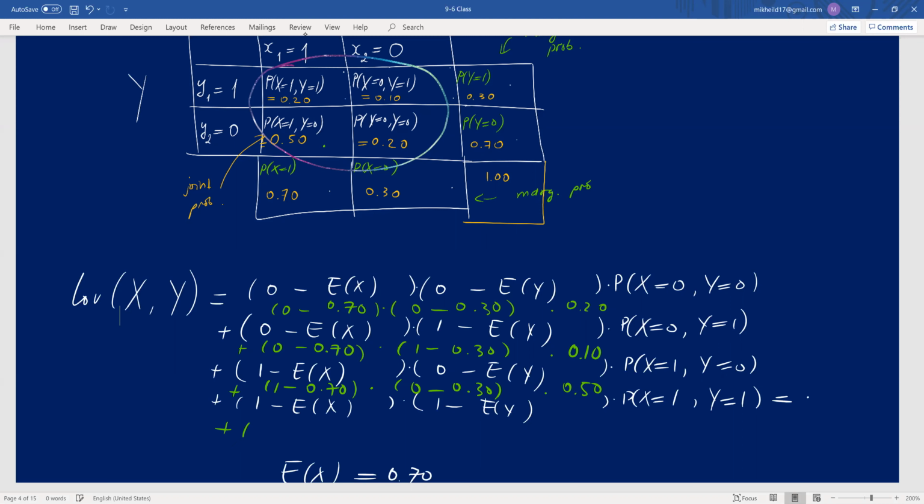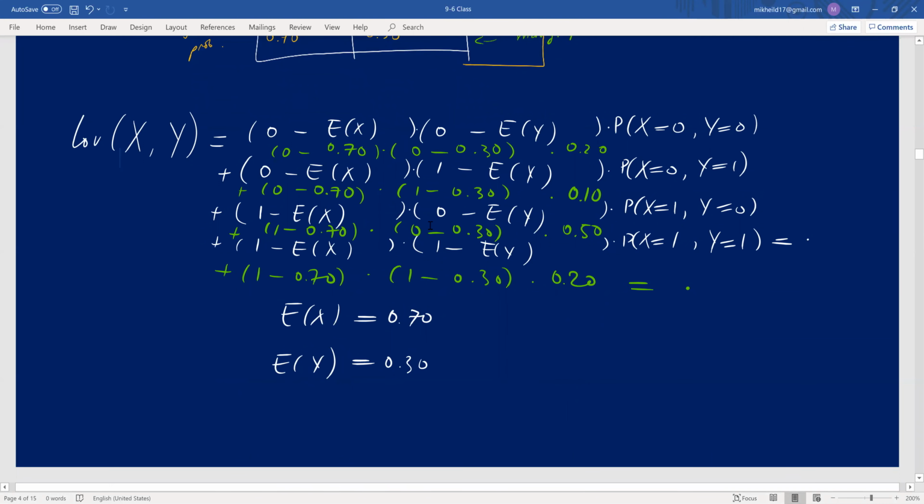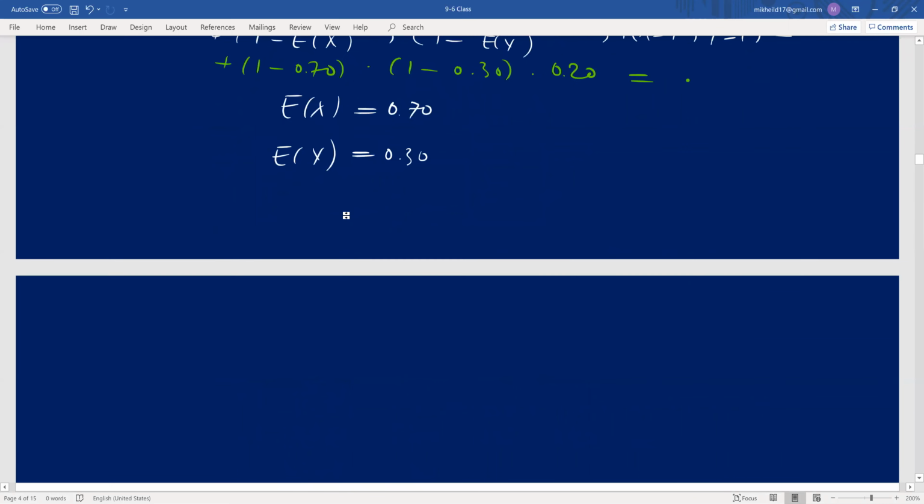And then plus finally 1 minus 0.70 times 1 minus 0.30 times the probability that x equals 1 and y equals 1, which is 0.20. And eventually you will get a number. This will be your answer. So that's how we calculate covariance between x and y.